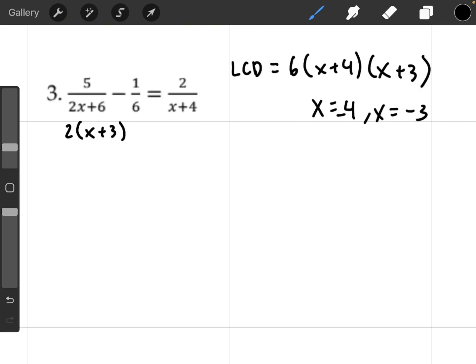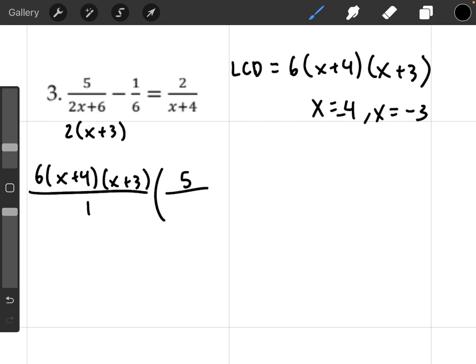So we're going to multiply each term by our least common denominator. So 6 times x plus 4 times x plus 3 over 1 times 5 over 2x.